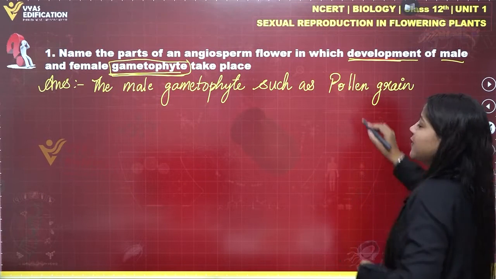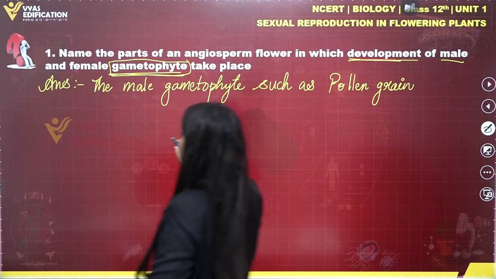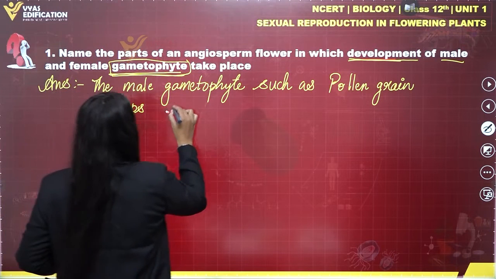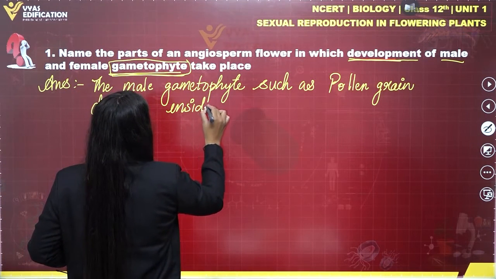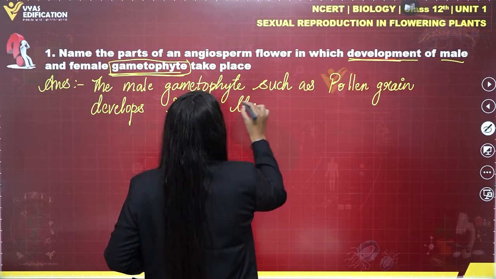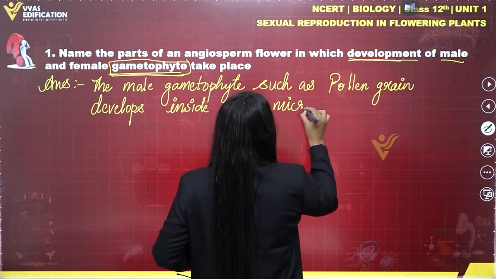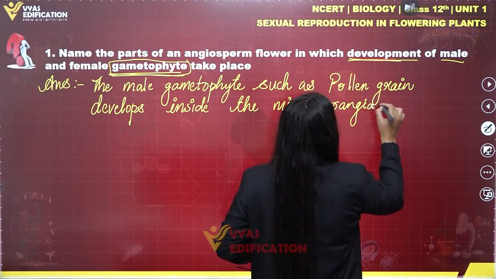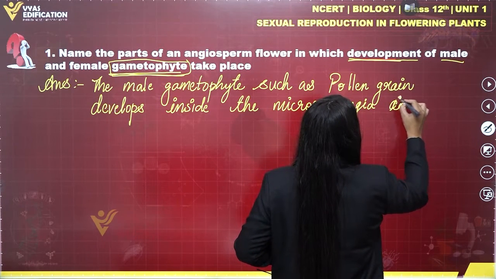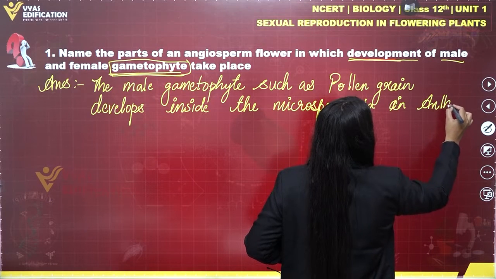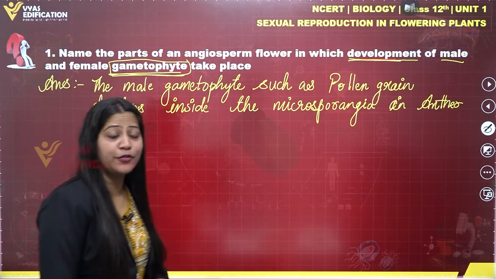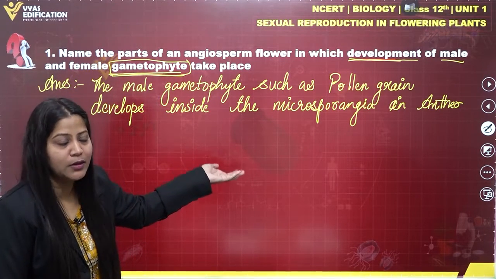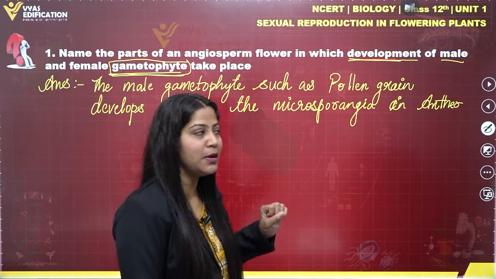So the male gametophyte such as pollen grain develops inside the microsporangia, and these microsporangia are present in the anther, which is the part of a stamen. And what is stamen? Stamen is actually a male reproductive organ or male reproductive part in case of an angiospermic flower.